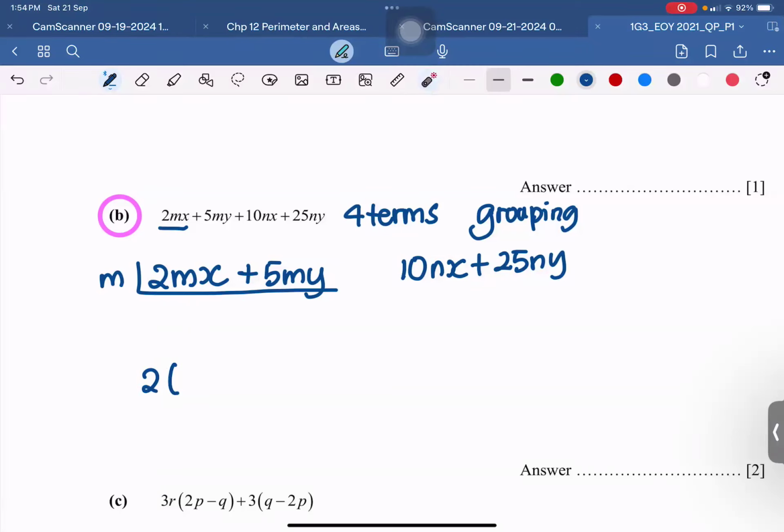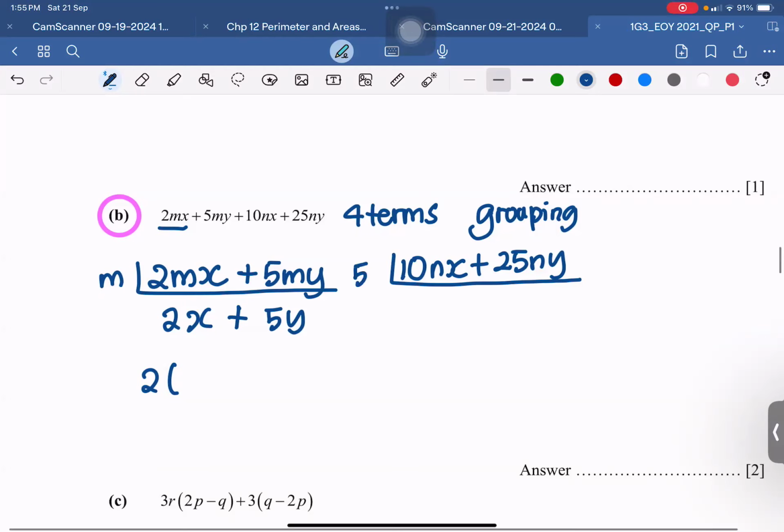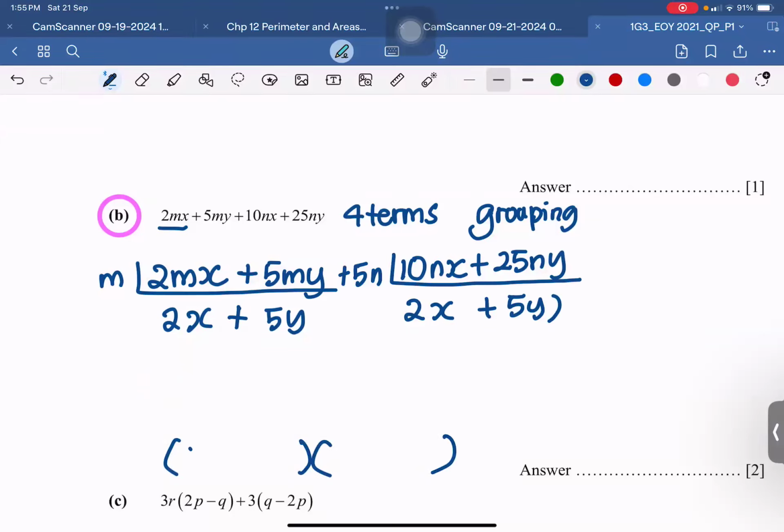I divide out by M. What are we left with? 2X and 5Y. The other side, what is the common factor here? 5N. It will be positive 5N, okay? Then you get 2X plus 5Y, is that correct? Can you tell me what's the final answer? 2X plus 5Y, M plus 5N. All right, thank you very much.